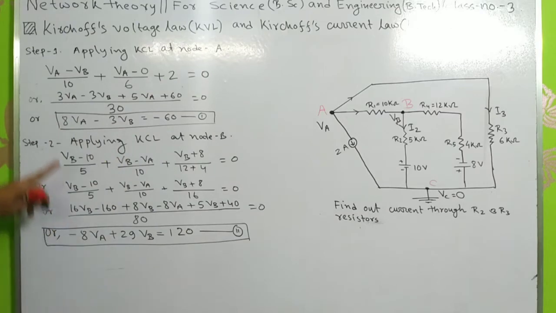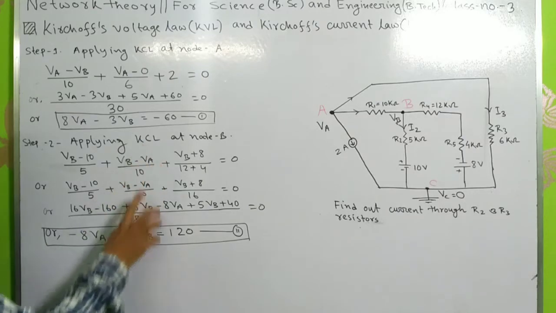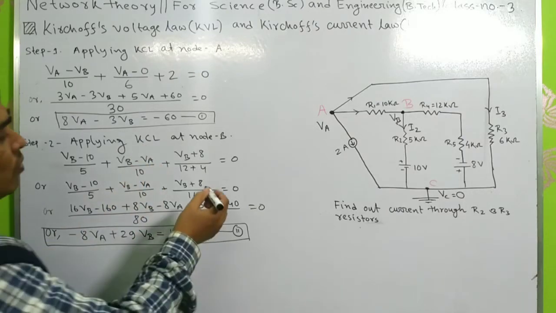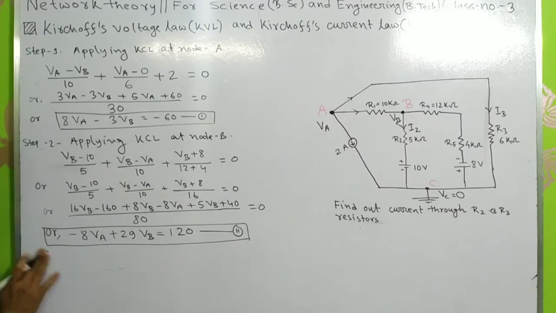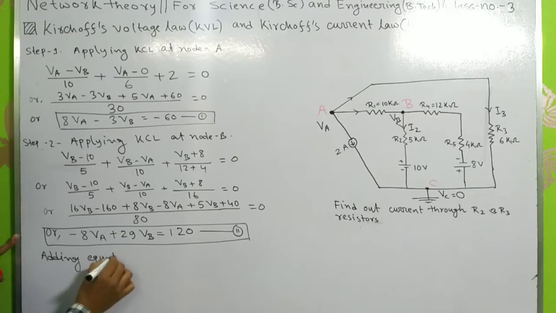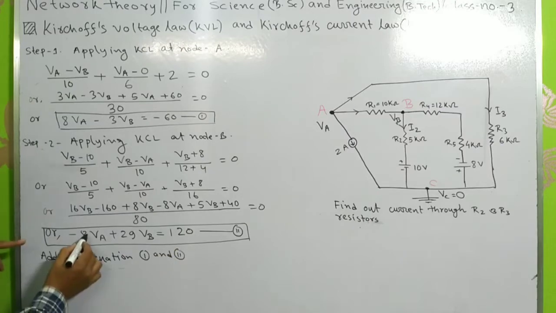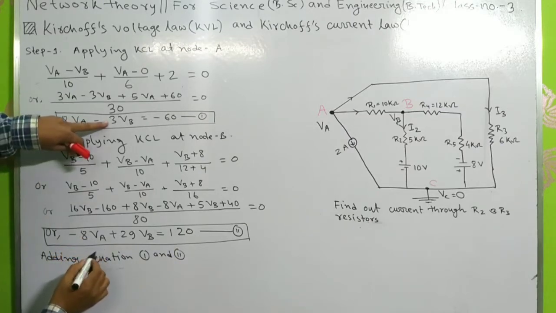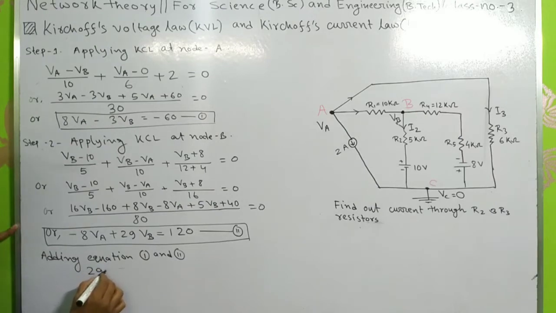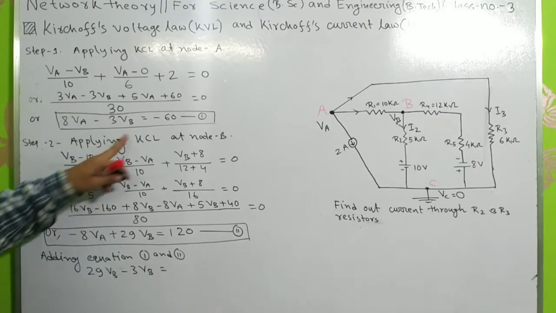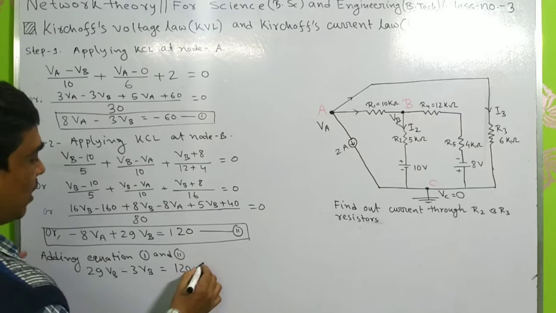If I solve these two equations, we will get the node voltages VA and VB. So by adding equations 1 and 2, the VA terms cancel out, and here we have 29VB minus 3VB equals 120 minus 60.